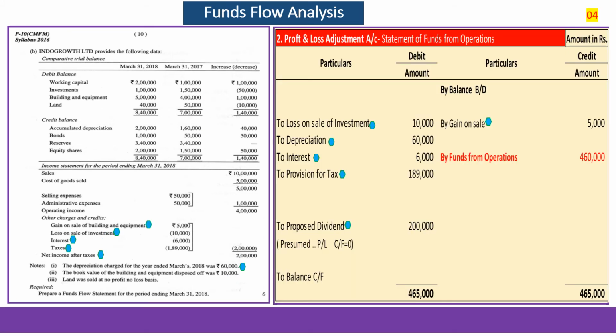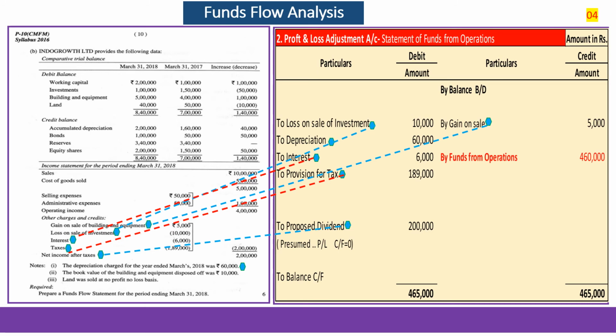Now we proceed to prepare the second account, which is profit and loss adjustment account or statement of funds from operations. We post the loss on sale of investment, interest, gain on sale, provision for tax. Here we say proposed dividend or net income after taxes, as we have discussed, presuming profit and loss account carried forward to be 0.